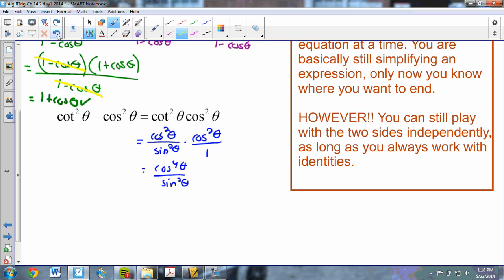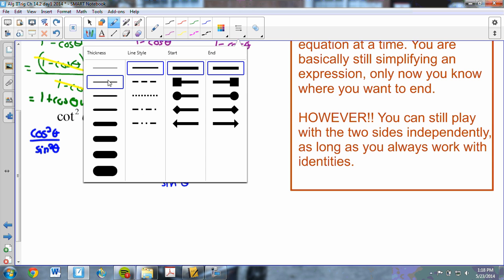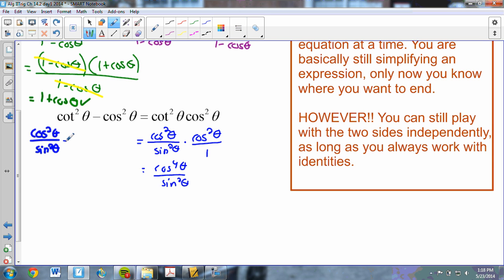So let's take the left side. Let's turn the left side into cosine squared over sine squared. And my pen gets thicker every time I switch to a new color. Cosine squared over sine squared minus cosine squared over 1. I could factor a cosine squared out of the top, but I don't think that helps me at all. Wait, that's the same as the other one. No, times and minus are different. Oh, that's a minus.